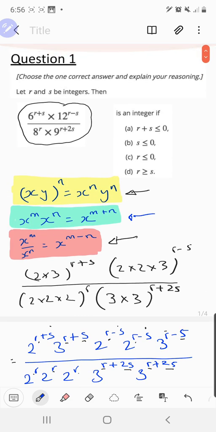Now let's read the question again. The question says, we want this expression to be an integer, and we're asked, when is this going to be an integer? Which of these conditions must be true?